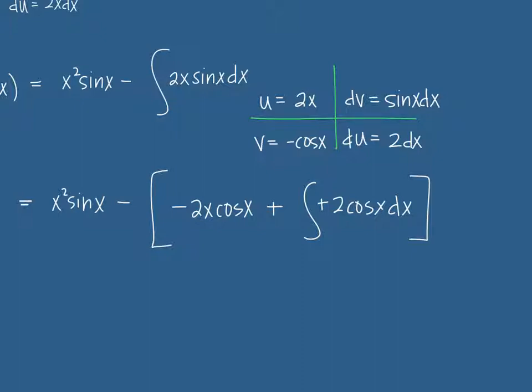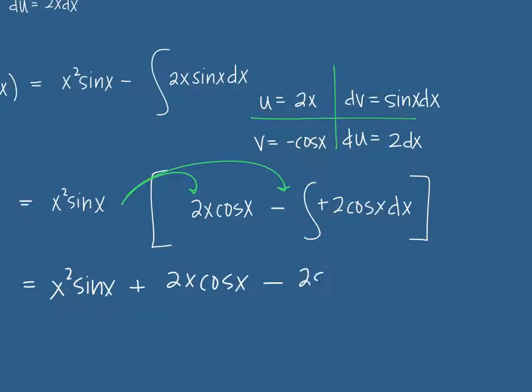So I'm going to distribute my negative. So this becomes a positive, this becomes a negative. Okay, my negative got distributed. So my final answer is x squared sine x plus 2x cos x minus 2 sine x, and then plus c as a constant.